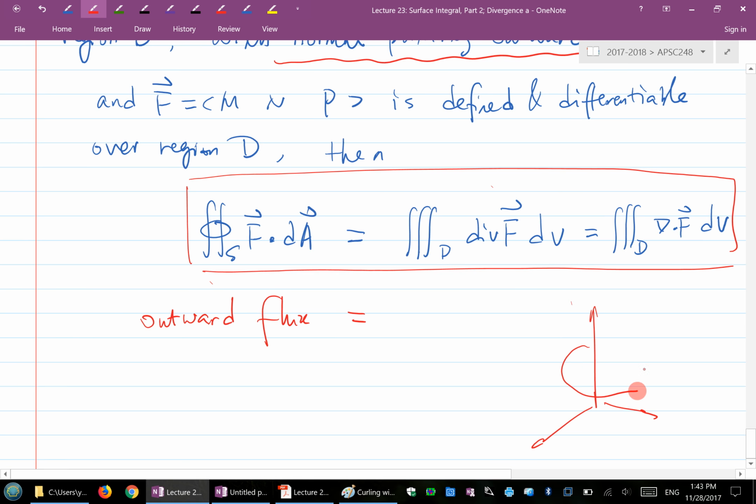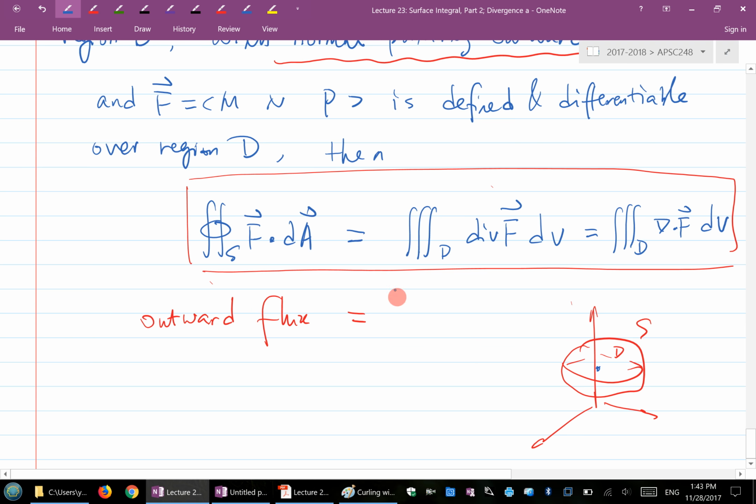So it's basically like this. You have a surface S and here's a D. We integrate within the D, we integrate the flux density through this whole region D. So integrate the whole flux density around the region D, and what do we get? We get the total outward flux.